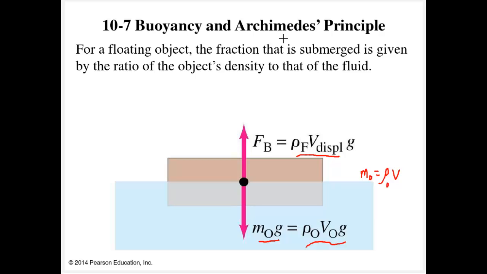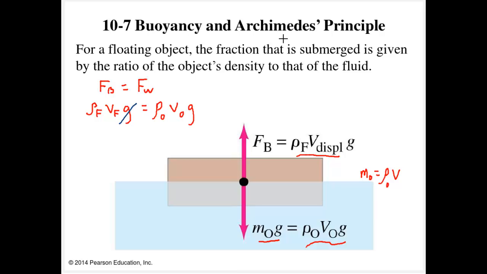Now, if this object is floating, it's not accelerating, so this buoyant force must be equal to the weight of the object. So we can say that the density of the fluid multiplied by the volume, of the fluid displaced, multiplied by gravity must be equal to the density of the object multiplied by the volume of the object multiplied by gravity.